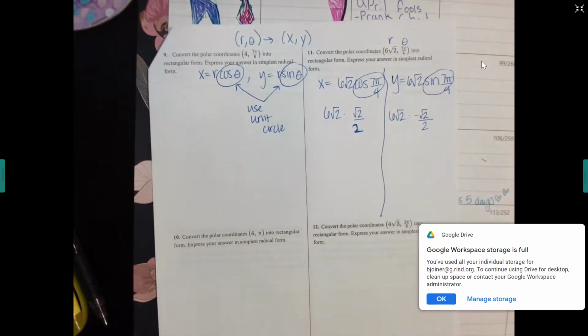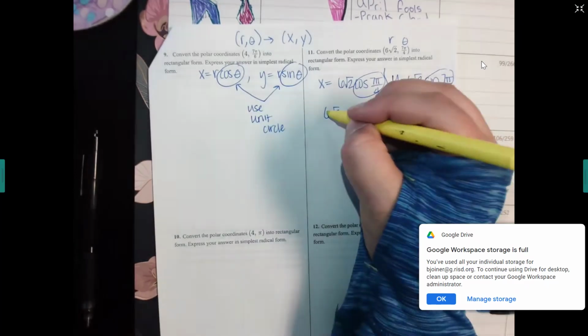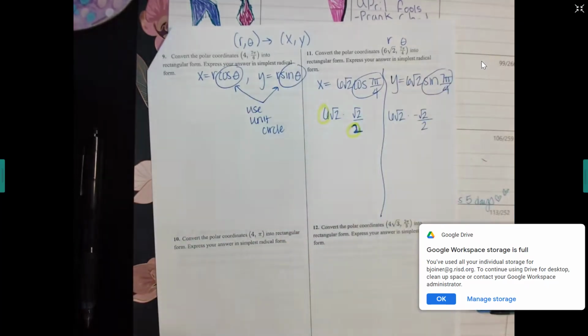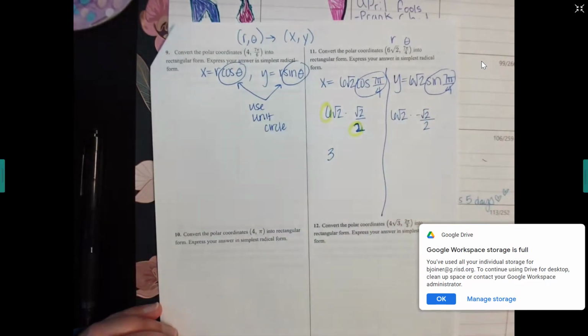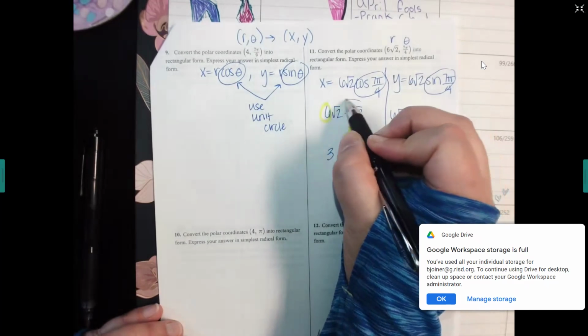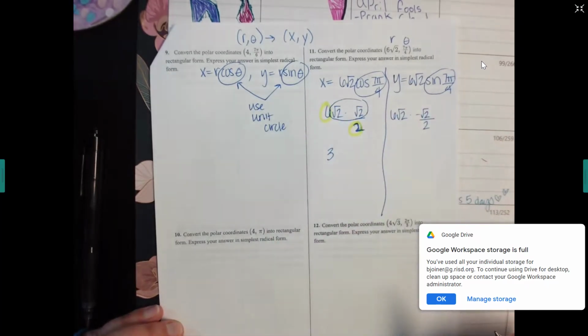Then from here, remember, numbers that are outside square roots, those can go together. Numbers that are inside square roots, those can go together as well. So what I mean by that is, what is 6 divided by 2? 3. And then this is a little bit throwback, but what is root 2 times root 2 again? Regular 2.